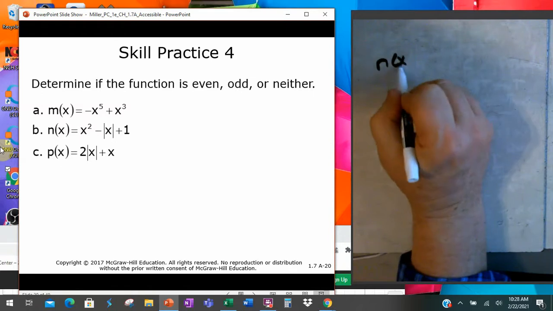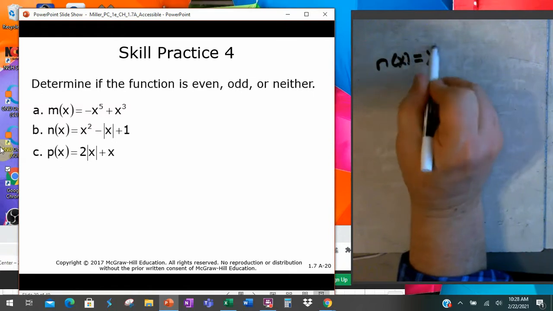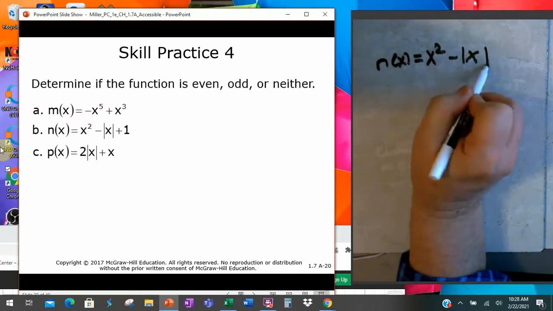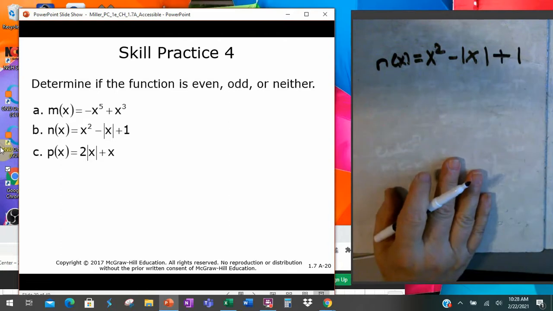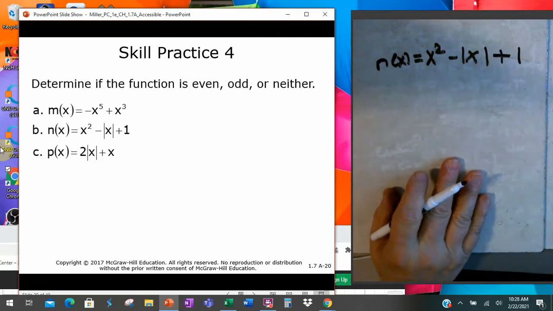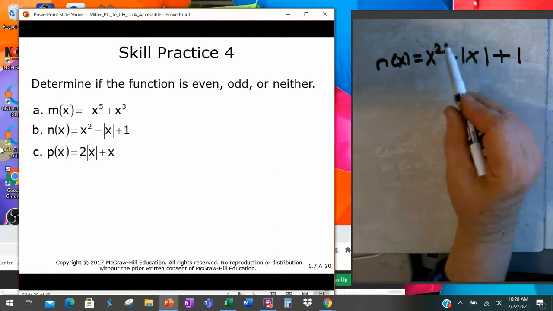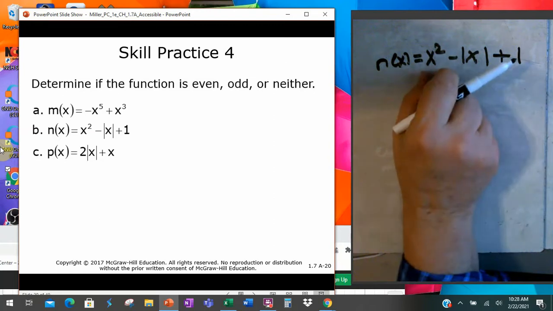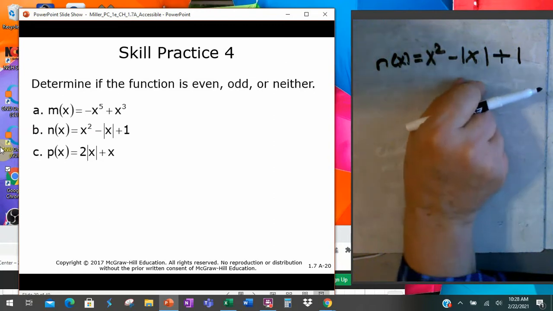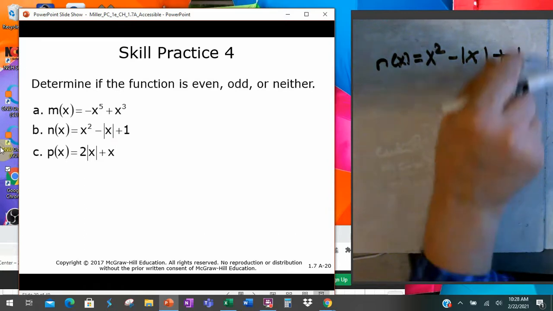So n of x is equal to x squared minus the absolute value of x plus 1. Symmetry, that's an even, that's even from our basic knowledge. And then this is just shifting up.